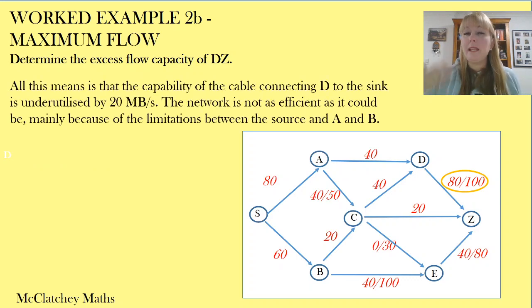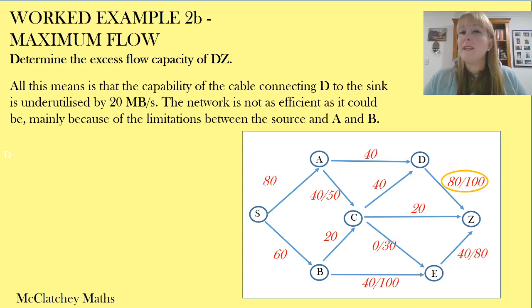So all that really means, if you think about this logically, is that you've got this cable connecting D to the sink, and it's got that capacity of 100 megabytes per second. It's basically being underutilized. So it could really be delivering a lot greater flow to the sink than is actually coming through it.